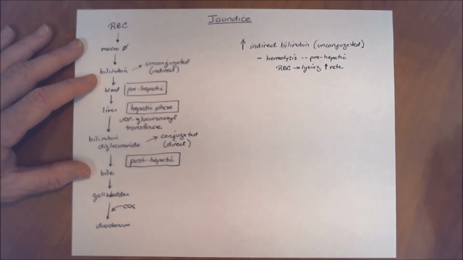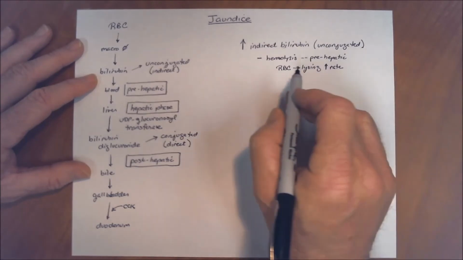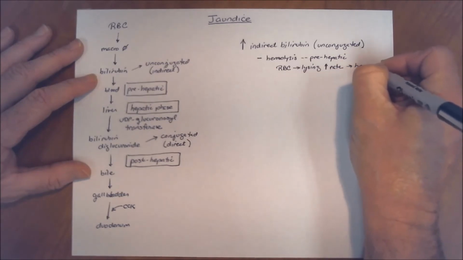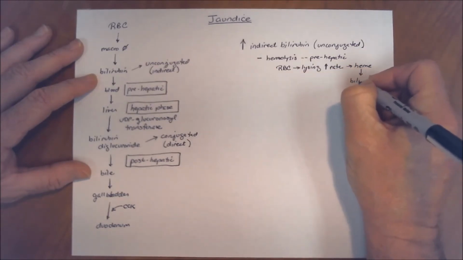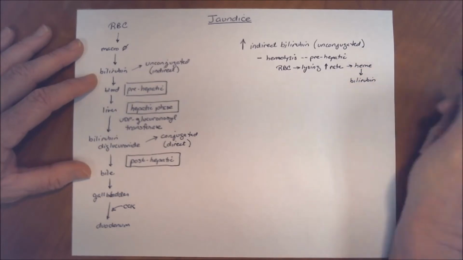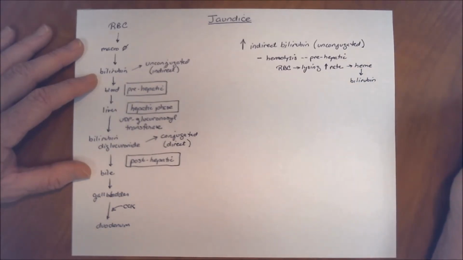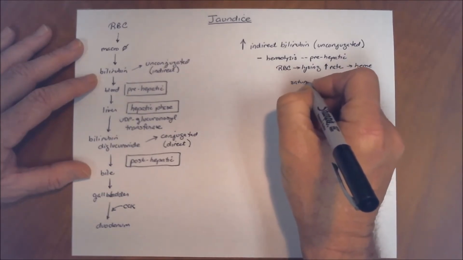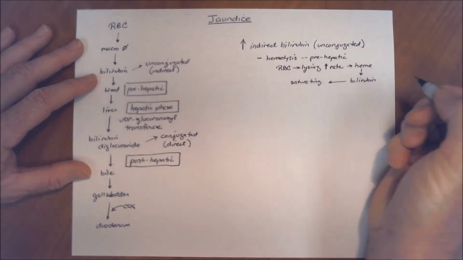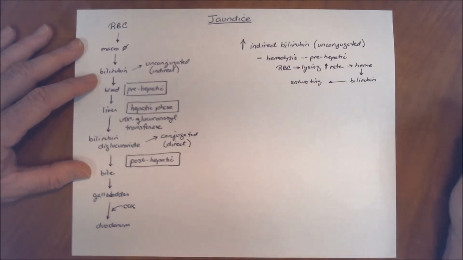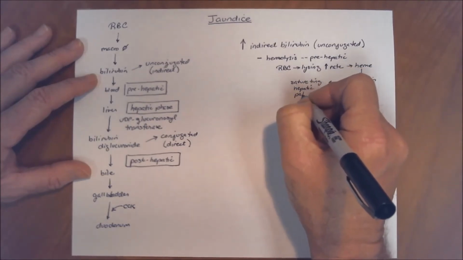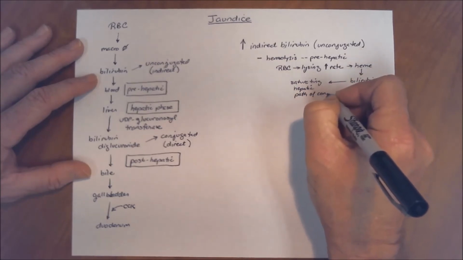Primarily, it could be due to injury or a chemical means. The key is that the red blood cells are lysing, releasing their heme. The heme is being broken down by macrophages to bilirubin. The bilirubin is now saturating the hepatic pathway of conjugation.